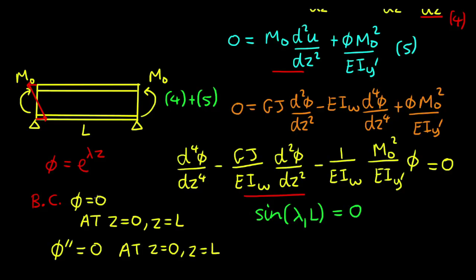So then doing some algebra, you'll come up with this equation, which is satisfied for lambda 1 L is a multiple of pi, where n is a positive integer.